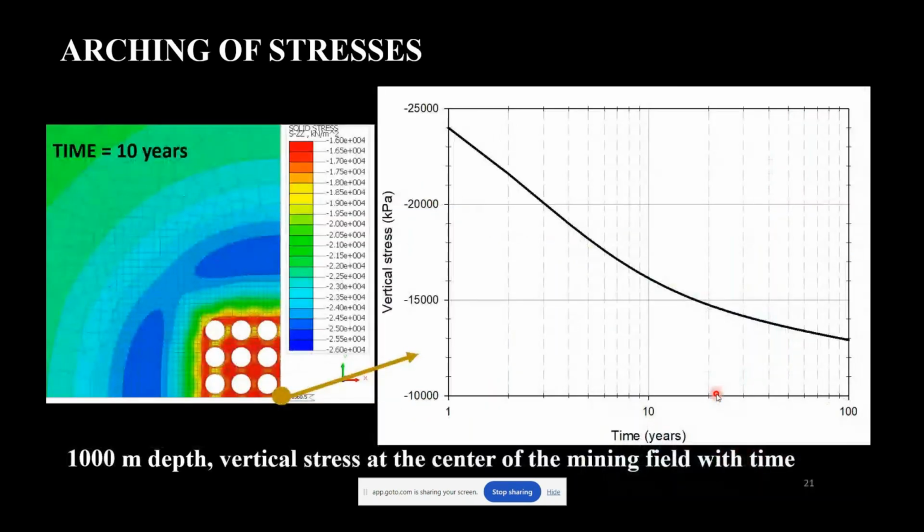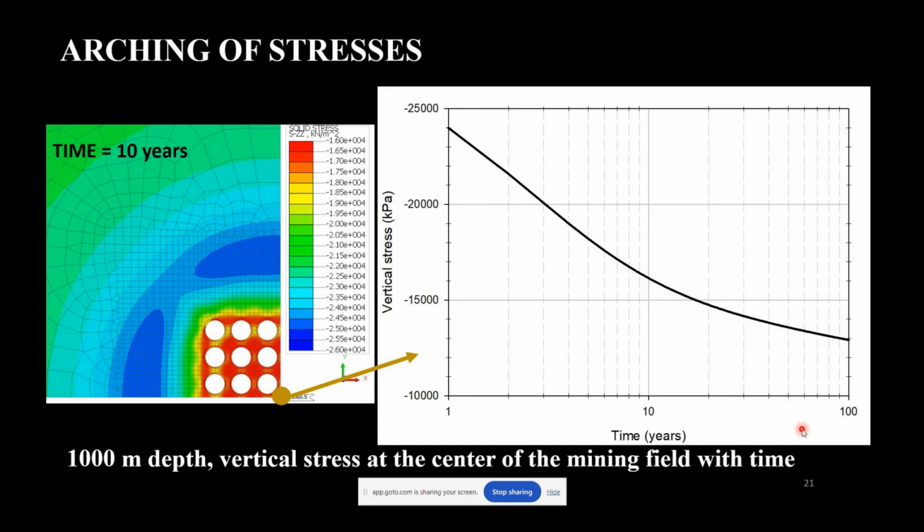And this is the vertical stress over time. Here I allow the model to creep for several years to see what happens. It's interesting that this reduction in the stresses continues. It never stops, never stabilizes. Of course, this has a little to do with the boundary conditions and the properties I assumed in the model.